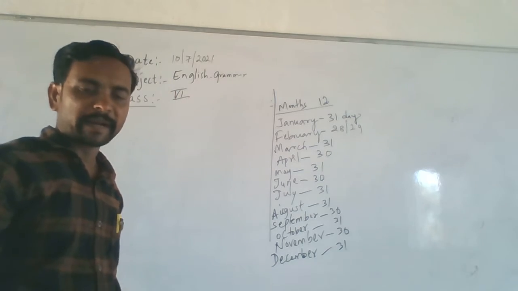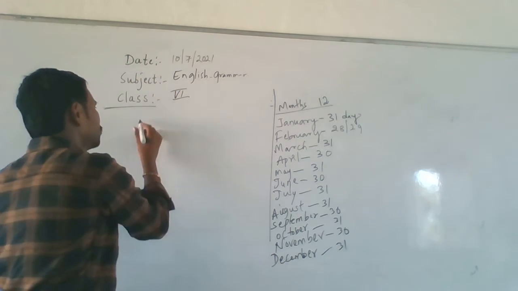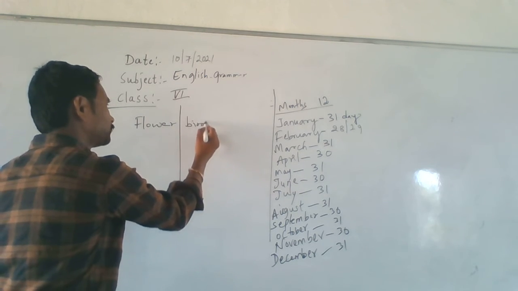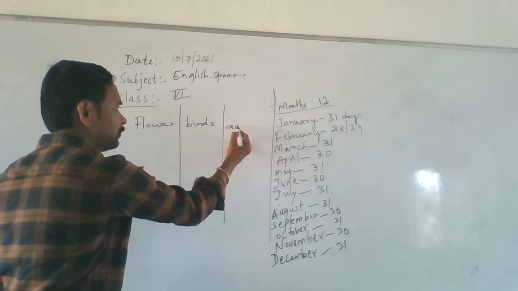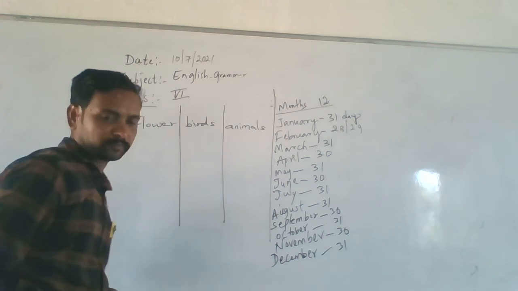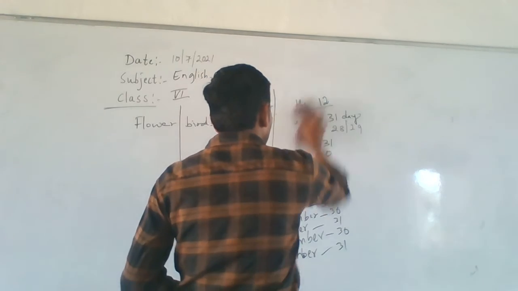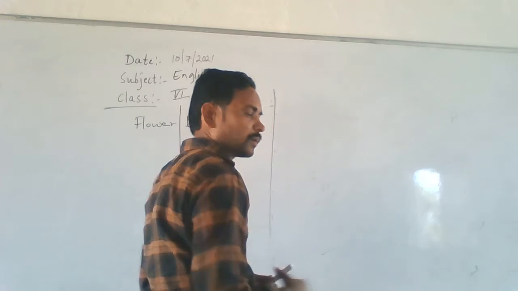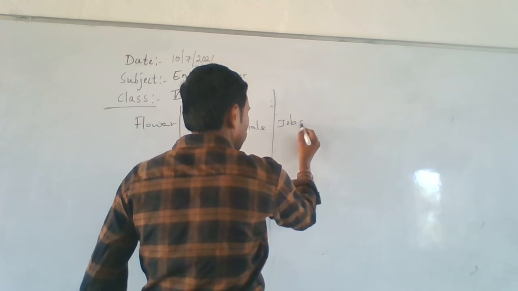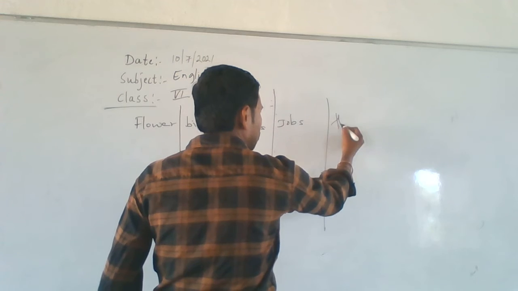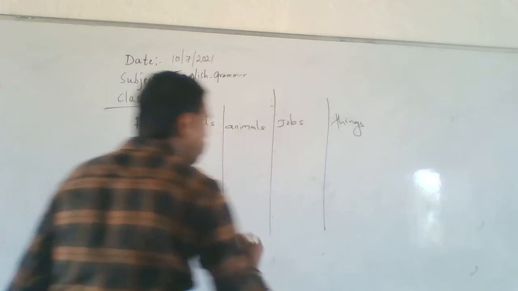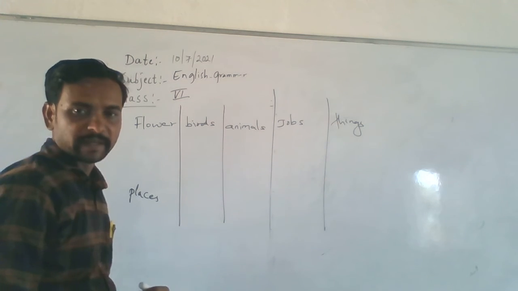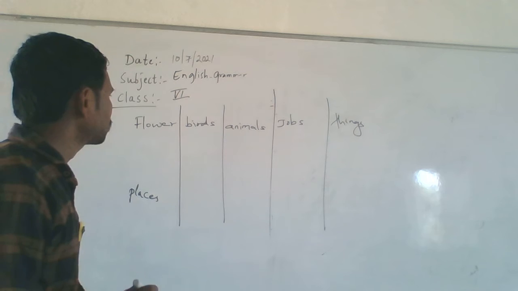So some names you have to practice. For example, flowers, birds, animals, jobs, things, places. In this way you have to write some names.